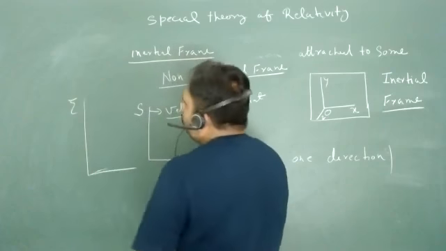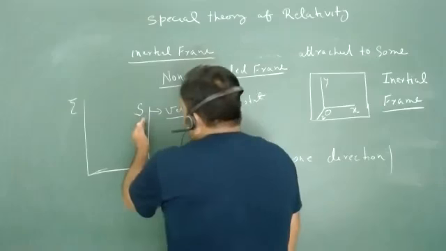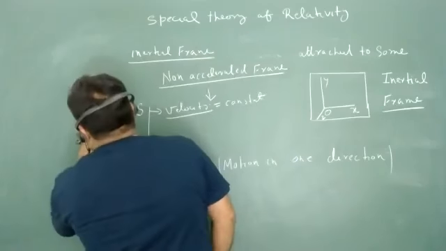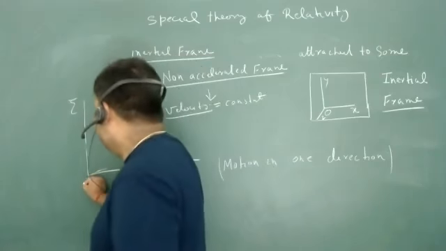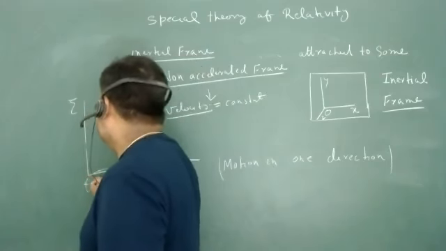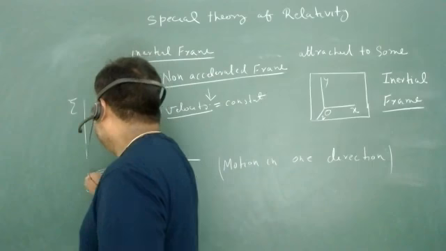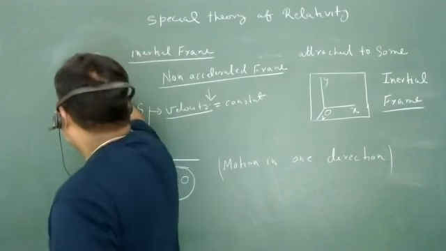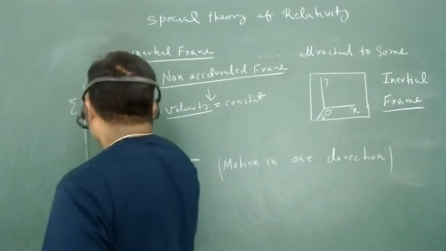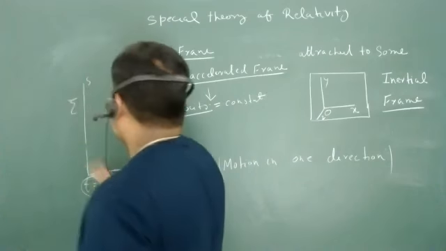So t = 0 means when the origins of both frames coincide, then this time is set to be t = 0. That means this situation, S and sigma, is all about t = 0.